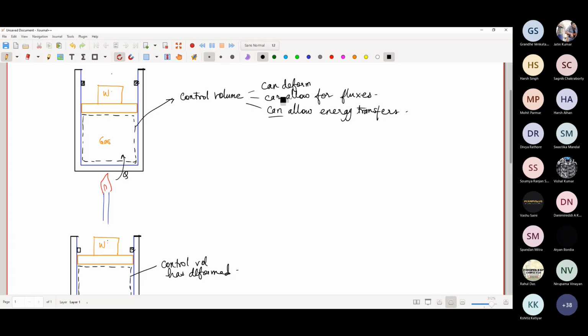Okay, so I'll just try to draw it. So it basically consists of a motor, and that motor is coupled to a piston head, and so obviously it requires electrical power.